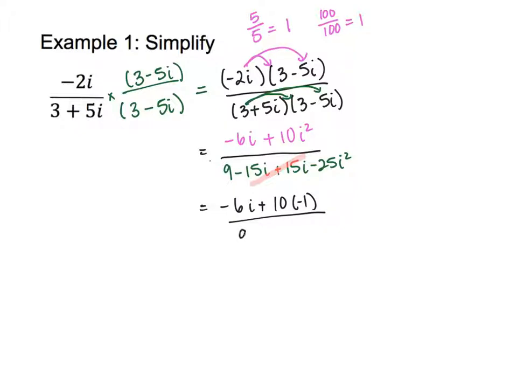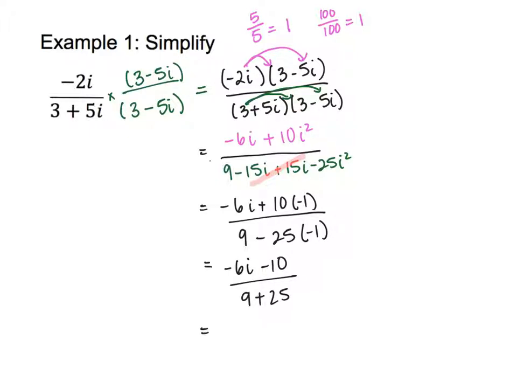So that's going to give me 9 minus 25, where i squared is just negative 1. And so I'm going to keep working this out. The top can be reduced down to negative 6i. There's a negative in front of that 10, so if I multiply, I get negative 10. And for the bottom, negative 25 times negative 1 is going to give me a positive 25. So that's actually 9 plus 25.